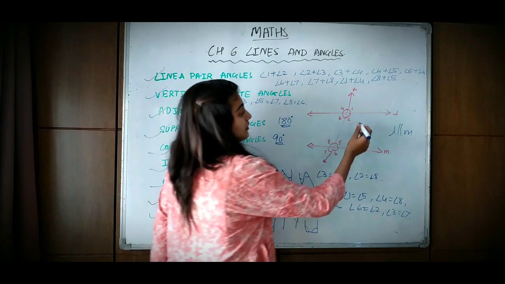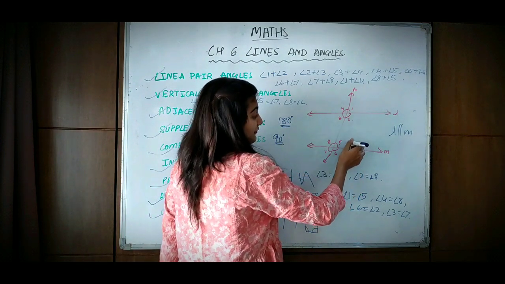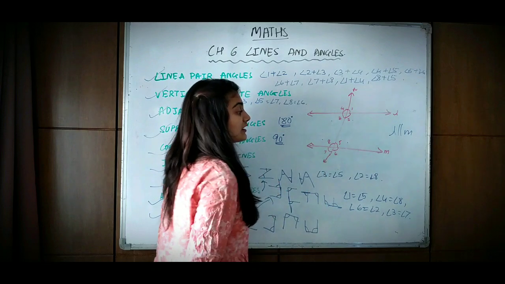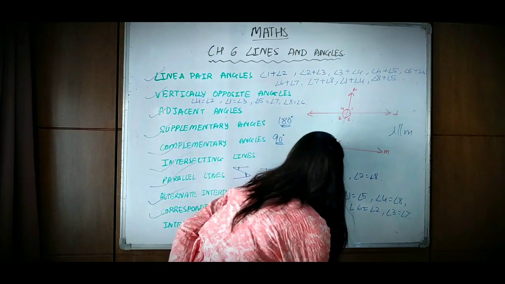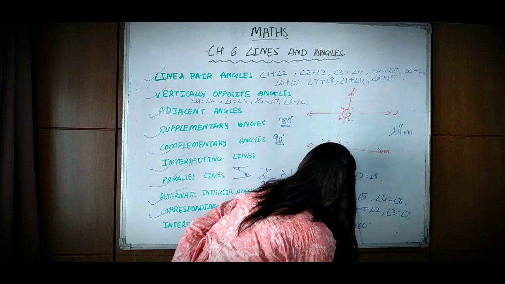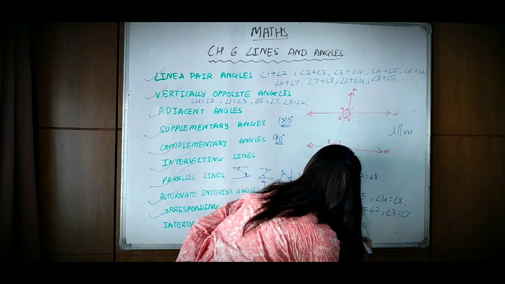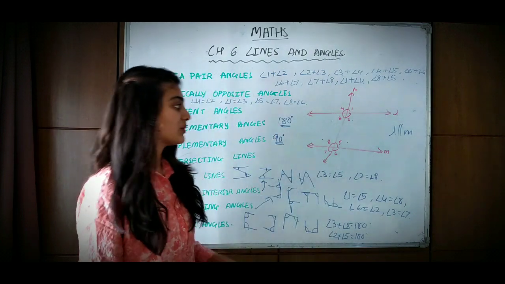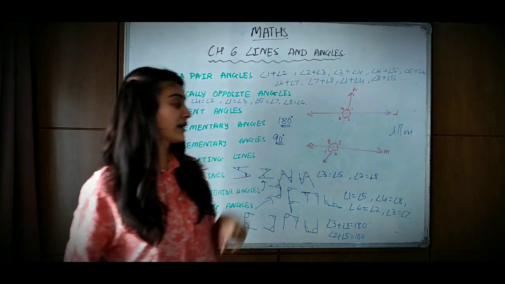So here 2 and 5 and 3 and 8 are the interior angles. Angle 3 plus angle 8 is equal to 180 degrees and angle 2 plus angle 5 is equal to 180 degrees because they are interior angles.